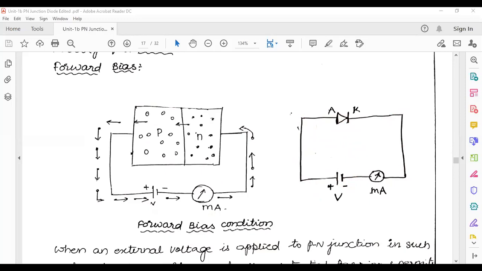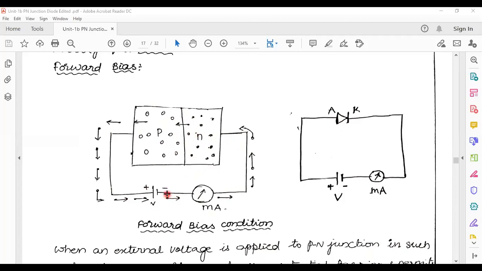Here the main concentration is where the junction is formed. Due to the forward bias condition, the movement of the electrons is very high. The electrons are attracted towards the positive terminal of the battery and the holes are attracted towards the negative terminal.